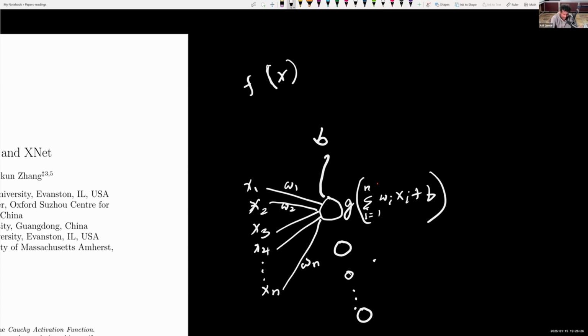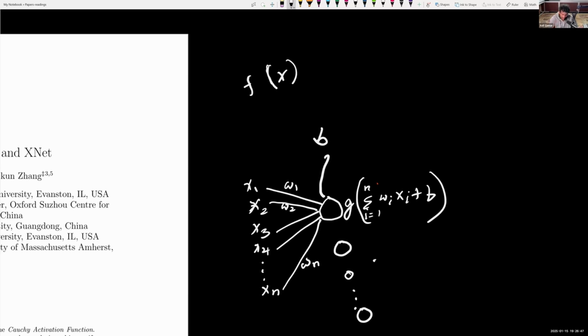We had one set of w1 to wn for the first neuron. You'll have a different set of weights and a different bias term for the second neuron, and so on. But we'll have the same activation function g. The activation function is the same for all the neurons, and it is a fixed function.